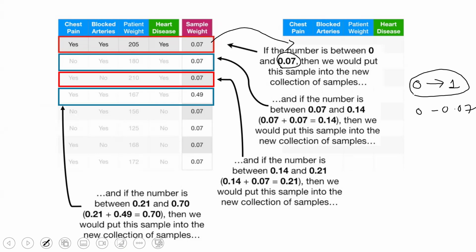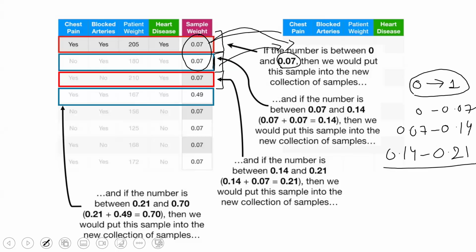If that random number falls between 0.07 and 0.14, the summation of both these records, we put this particular record. Similarly, if you go here, it comes down to 0.14 to 0.21. If the random number that we picked is between these two numbers, then we put this sample in the record.